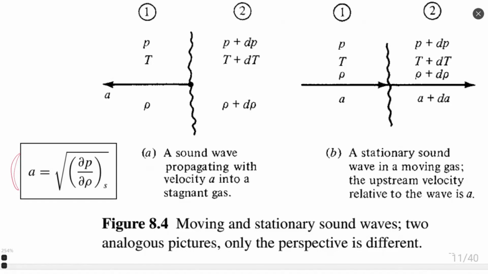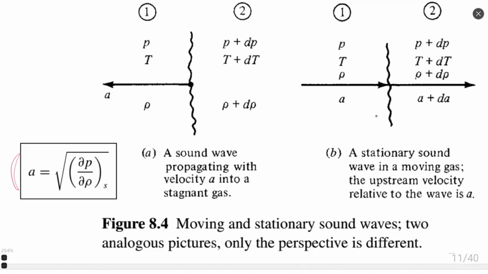For our discussion today, we will use approach B, and this is because our control volume from the previous discussion is a stationary control volume, which is not moving in space. So for us, it would be much easier to work inside a stationary sound wave.